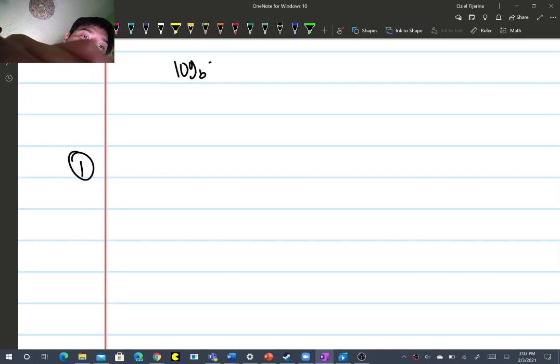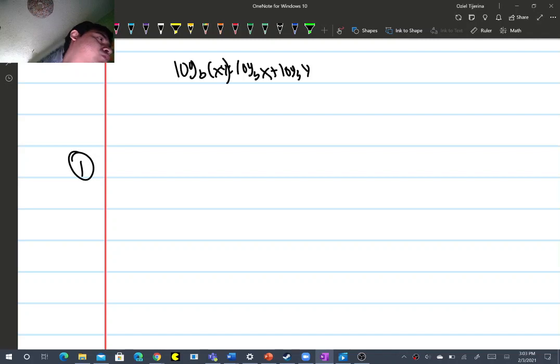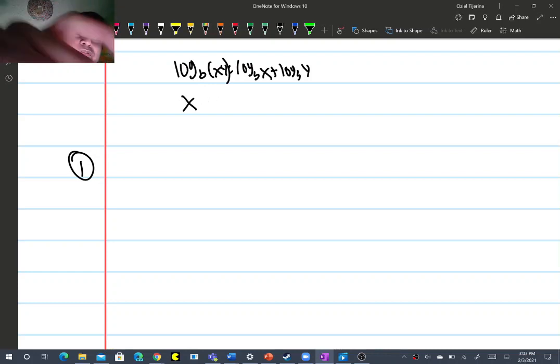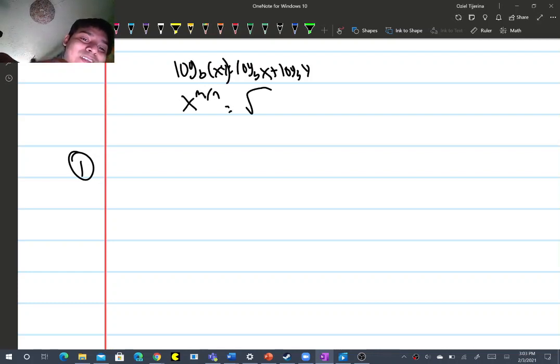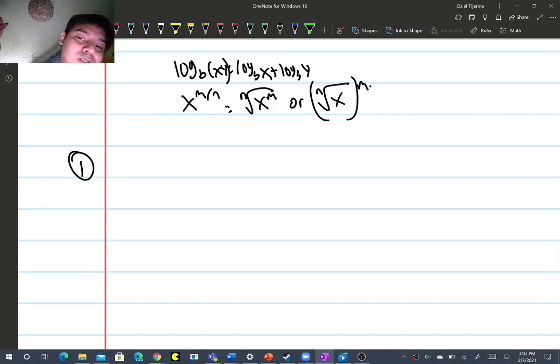Log base b of xy equals log base b of x plus log base b of y. And also the other rule, x to the m over n is equal to the nth root of x to the m, or the nth root of x all to the m power.